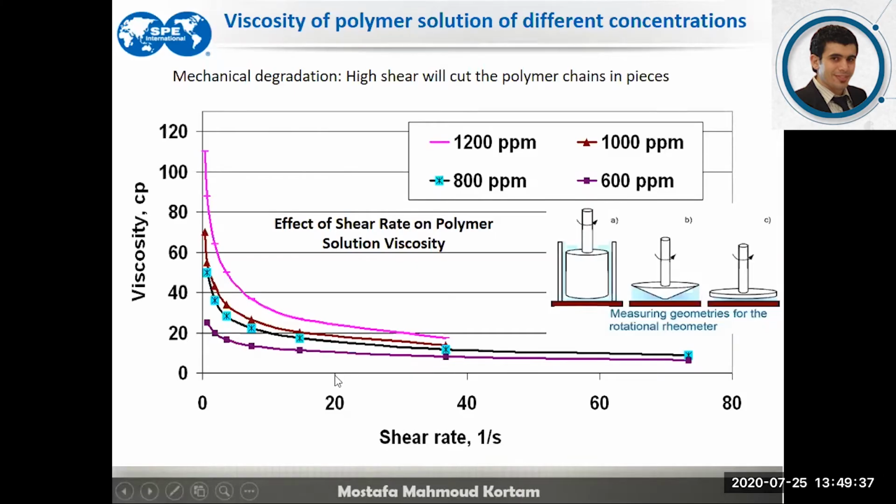So if you are considering that shear rate in your system, that will be the viscosity of each particular concentration. If you have a higher shear rate, that will be the case. If you have a lower shear rate, you may get good viscosity performance with a lower concentration, and you can get a greater viscosity with a high concentration of the polymer.